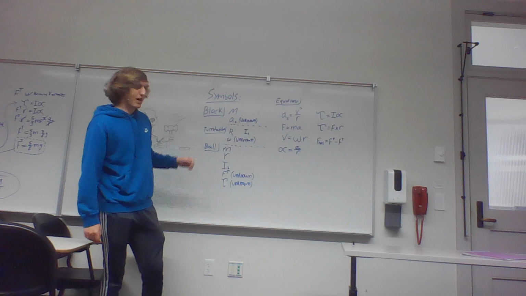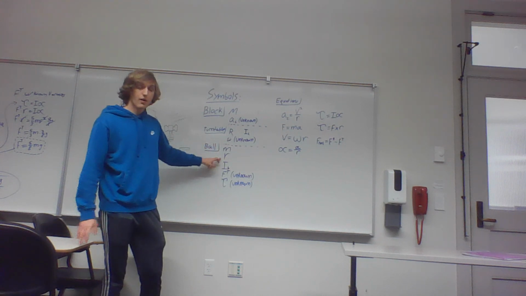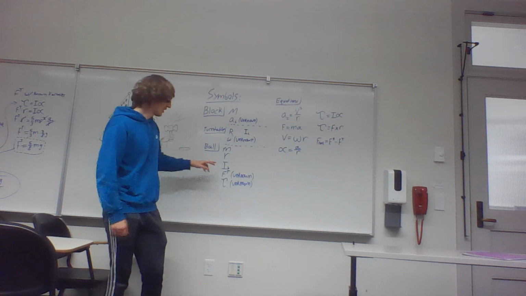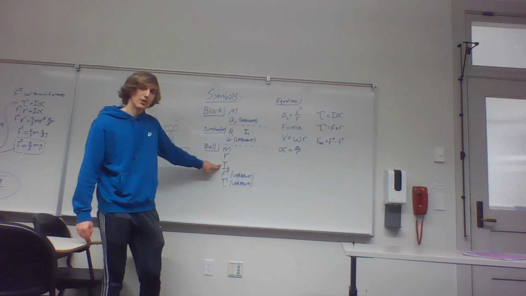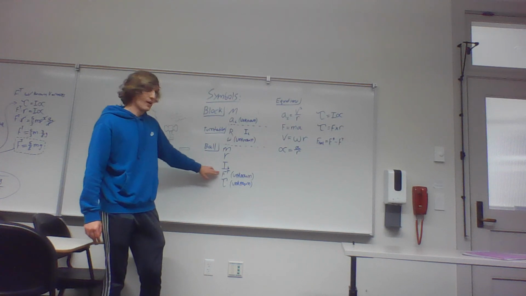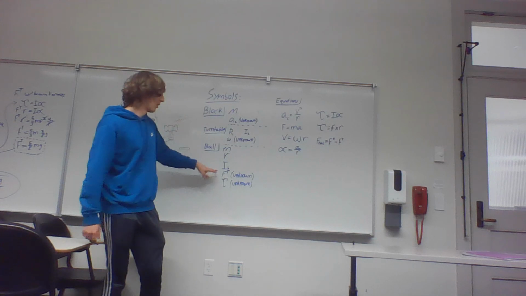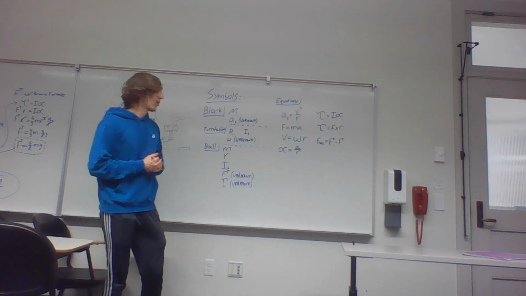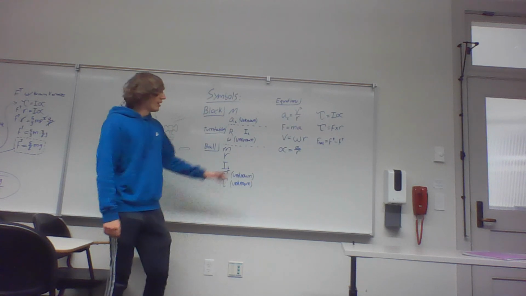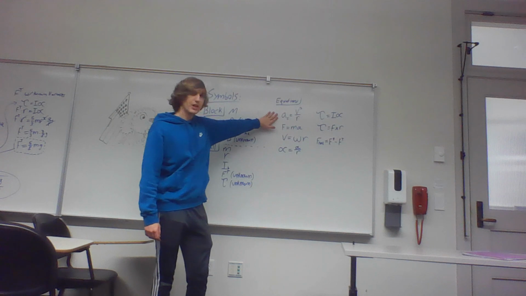For the ball, the symbols we have are little m for mass, little r for the sphere's radius, I for the moment of inertia of the ball as it spins, the force of tension in the string that's holding up the ball, which is currently unknown, and the torque put on the ball, which is also currently unknown.